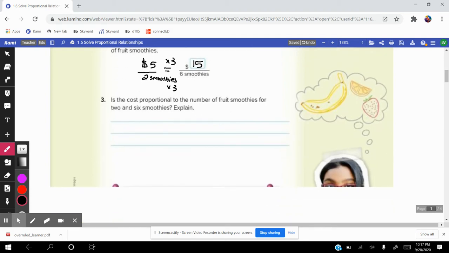So number 3, is the cost proportional to the number of fruit smoothies for 2 and 6 smoothies? And explain. So yes. 5 halves equals 2 and 5 tenths. And 15 sixths equals 2 and 5 tenths.